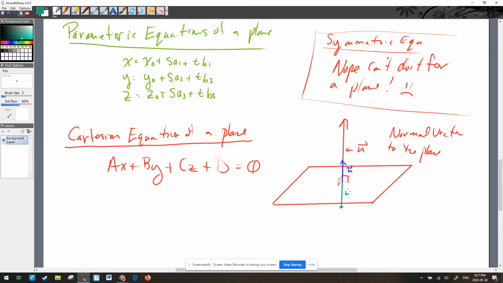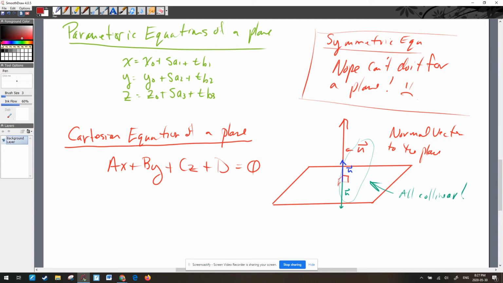That one is also normal to the plane, but they are all collinear.